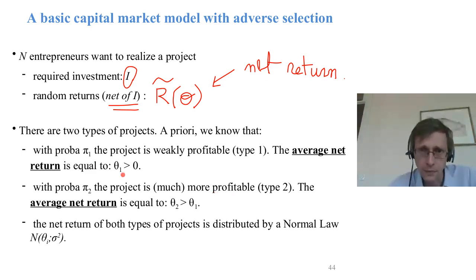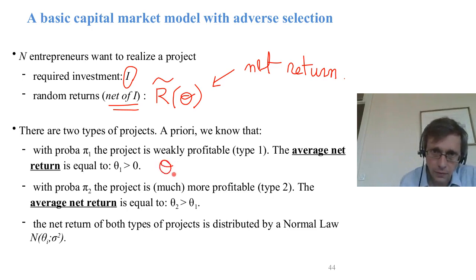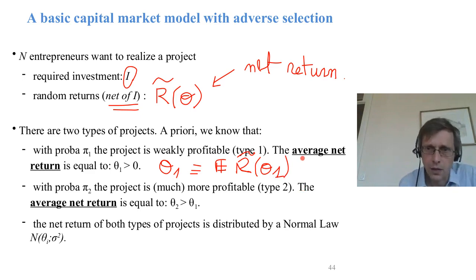So what is theta 1? Well, theta 1 corresponds to the expected profitability of project type 1. Remember, this is net of the initial investment, and this is strictly positive.